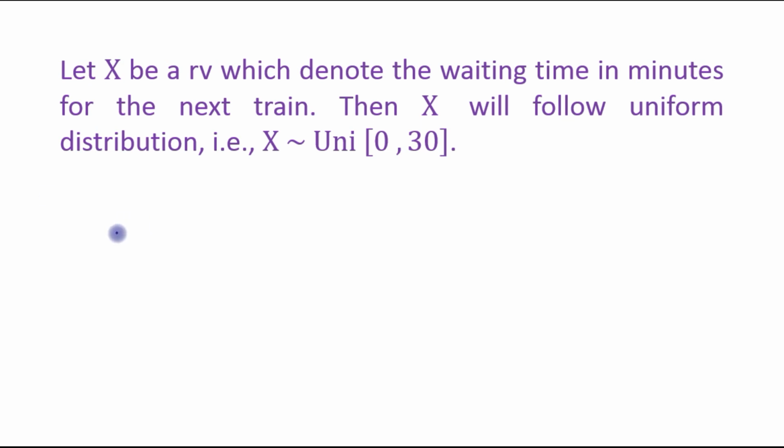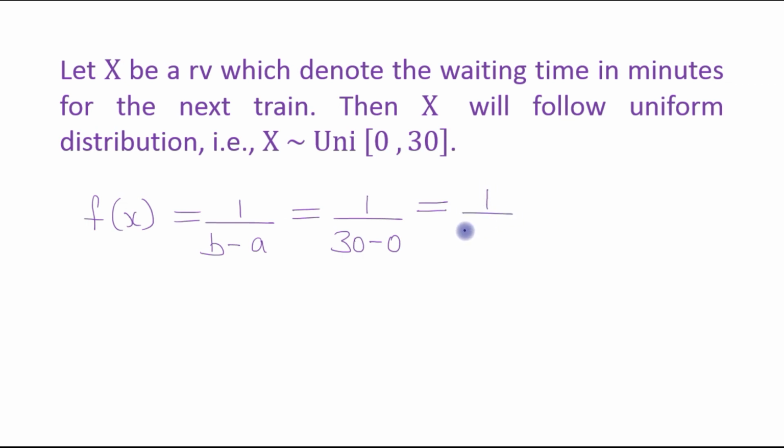We can find its PDF as f(x) equals 1 upon b minus a equals 1 upon 30 minus 0, which is equal to 1 upon 30, and we can write its PDF in this manner.